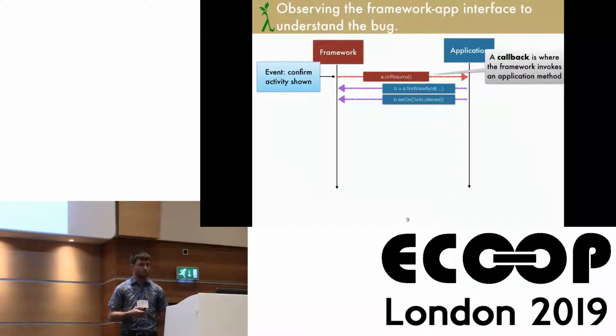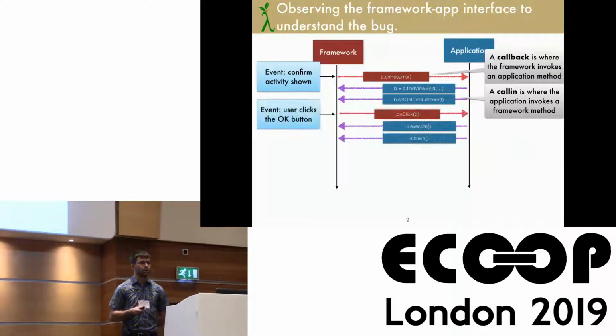The application, in turn, will invoke a couple of methods on the framework that we call callins to affect the state of the framework. Then the user might click on a button, which invokes another callback, the onClick. But this onClick can't happen unless we have previously seen a method onClickListener in the previous callback.